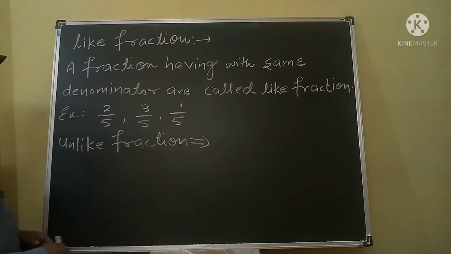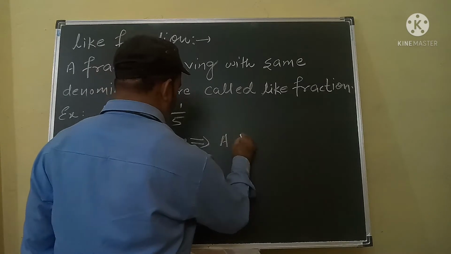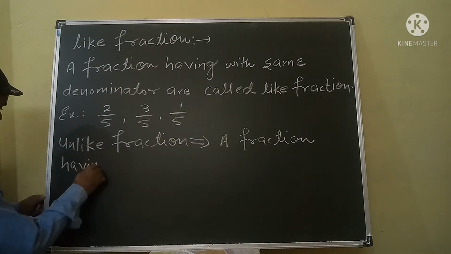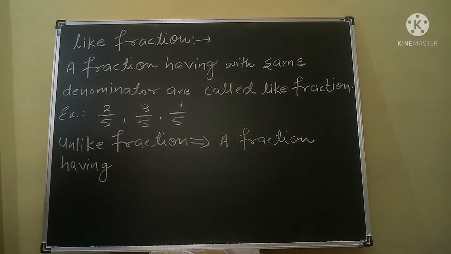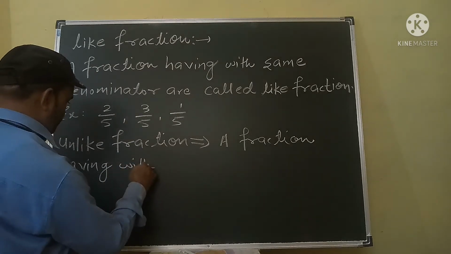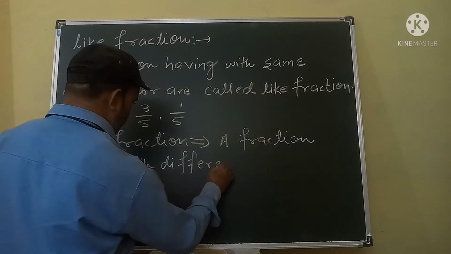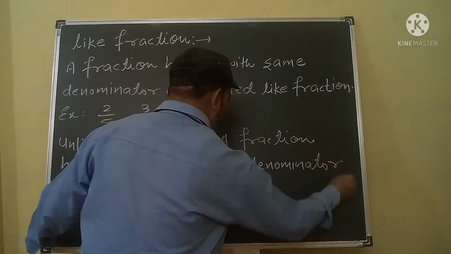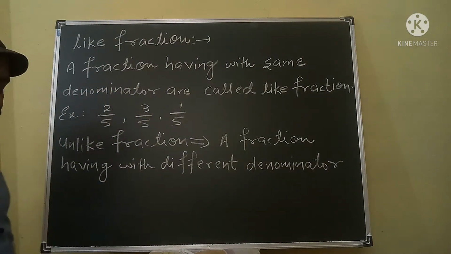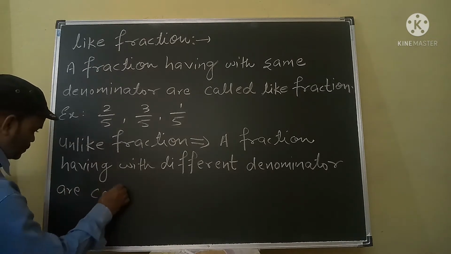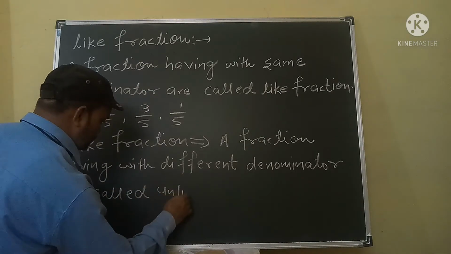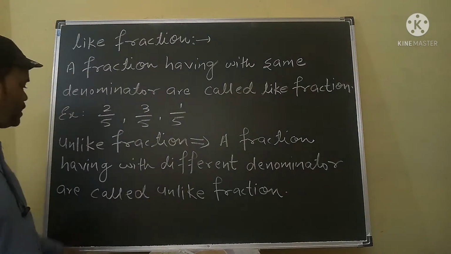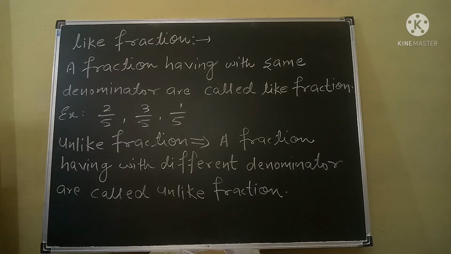Unlike fraction means fractions having different denominators. Fractions having different denominators are called unlike fractions.